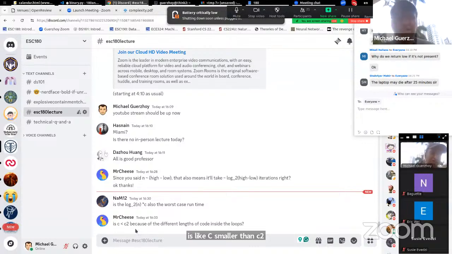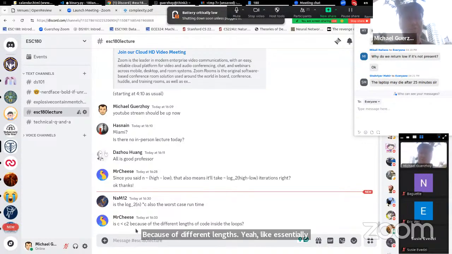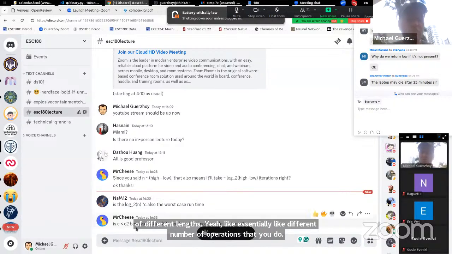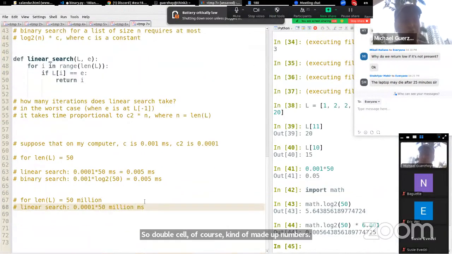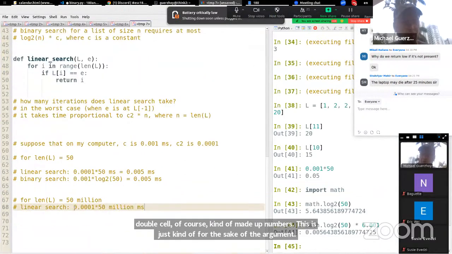Yeah, essentially the different number of operations that you do. Okay. So those are, of course, made up numbers. This is just for the sake of the argument. So linear search is going to be this much.